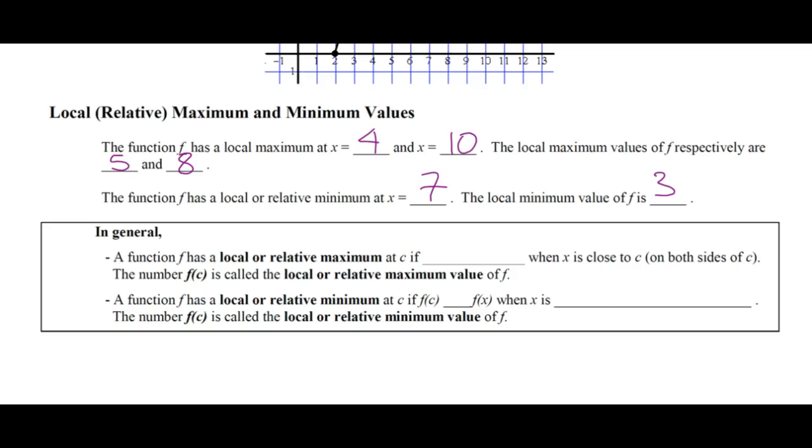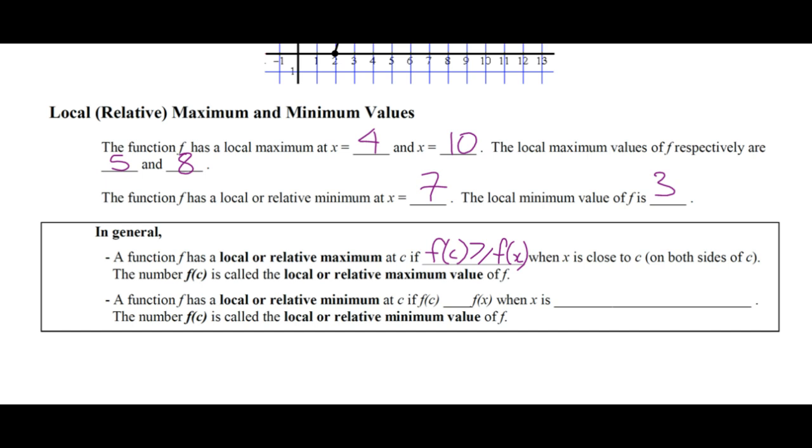A function f has a local or relative maximum at c if f of c, which we compare to f of x, is greater than or equal to f of x when x is close to c on both sides. So that is absolutely why that is not.